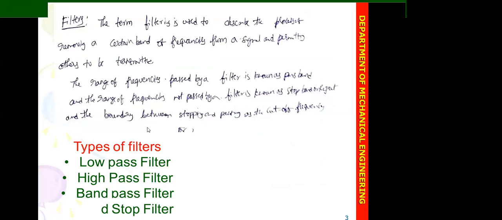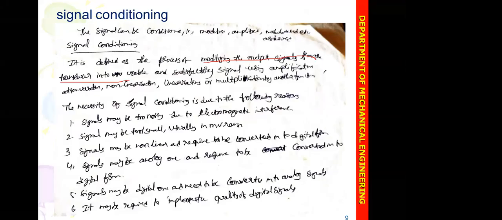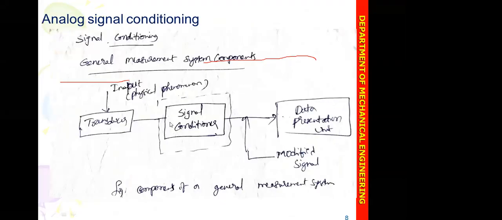Signal conditioning is defined as a process of modifying the output signal from the transducer. See here, the output signal from the transducer is entering into the signal conditioner.